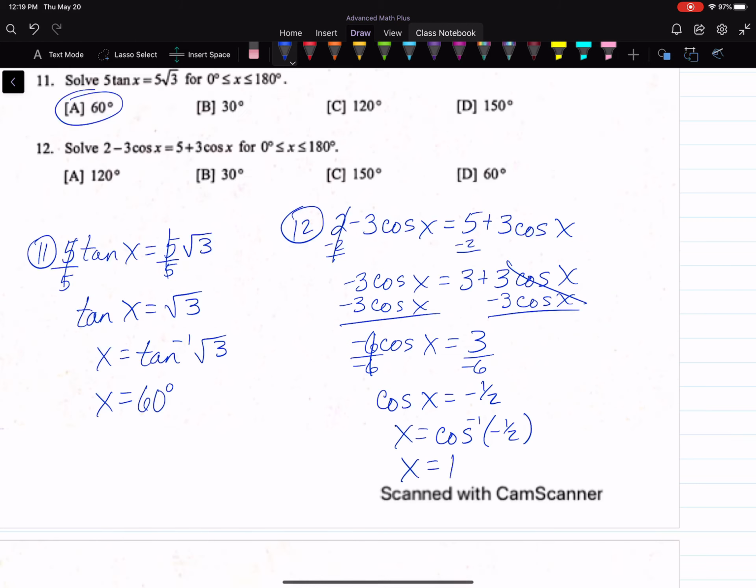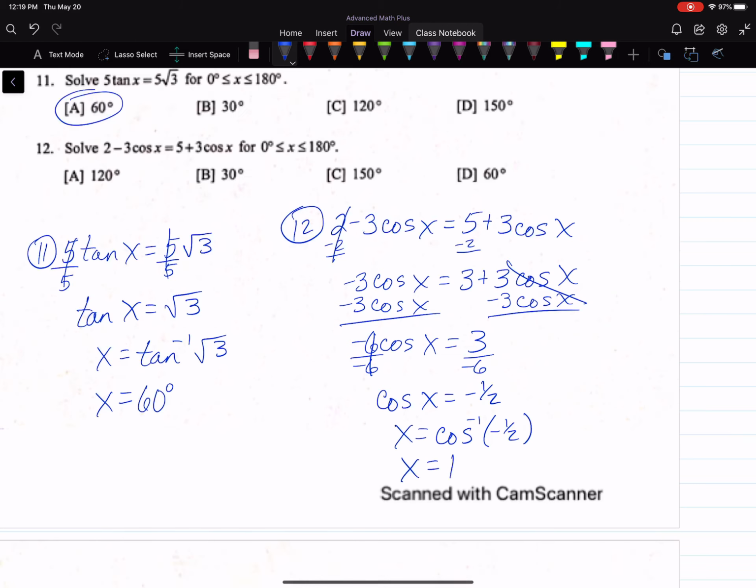Page 3 or 2, depending on how you're counting your pages. Here we're getting into the vectors. This was chapter 8. Start of chapter 8 right here was the vectors. It says identify the ordered pair that represents the vector from A to B, and then the magnitude. So if you remember, to get the vectors, you're just going to subtract the second one minus the first one.